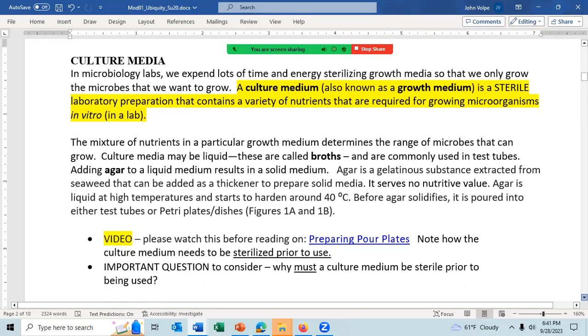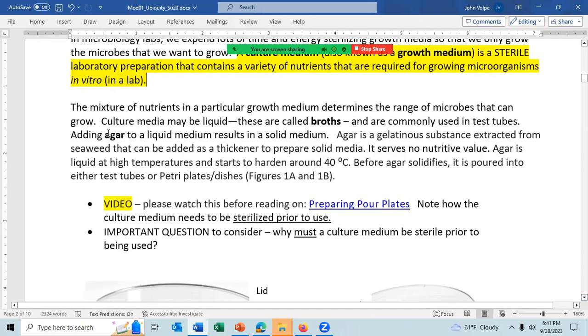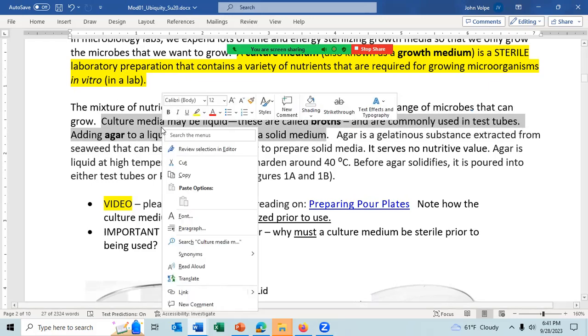A culture medium can be liquid, and we call these broths, or it can be a solid by the addition of a solidifying agent such as agar. We'll talk about agar a little bit more later.